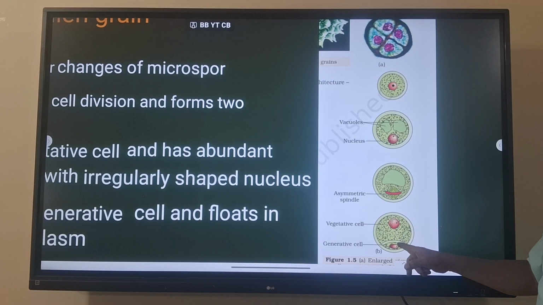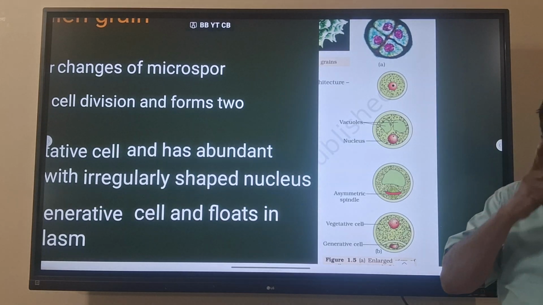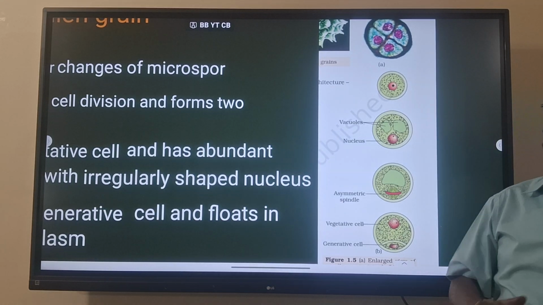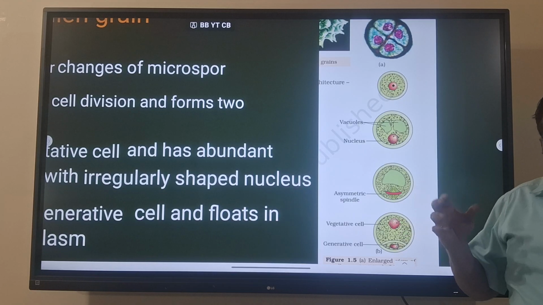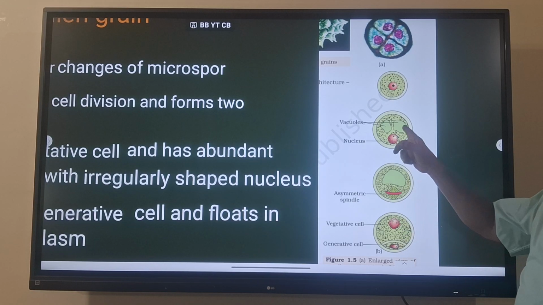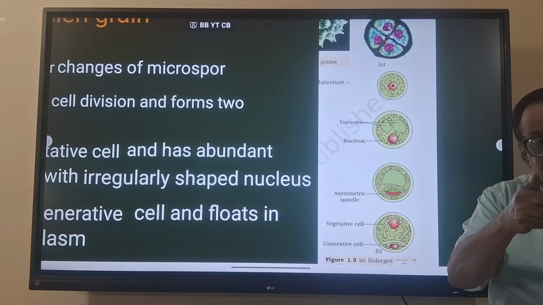And next, some variations are present between the vegetative cell and the generative cell also. The vegetative cell is very big and it has vacuoles. He didn't mention it in the text, but he mentioned it here. He can ask.